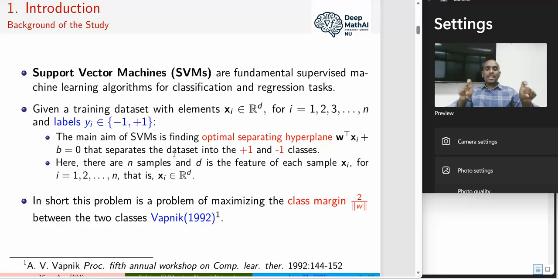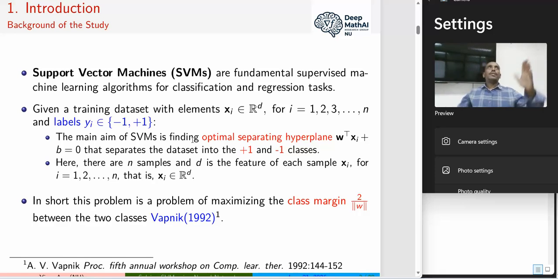So the margin is the distance between the hyperplane and the support vectors. We may have more than one support vector or only one, but at least we need to have at least one support vector from each data set. So the distance between the two data sets is the margin.